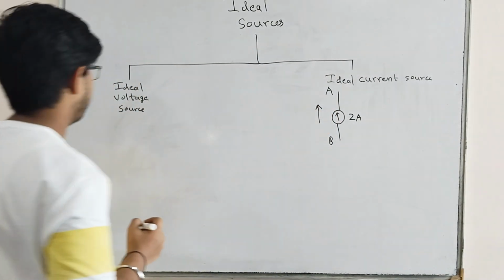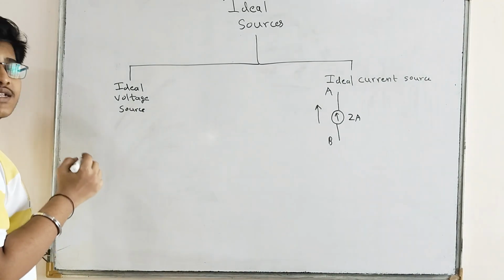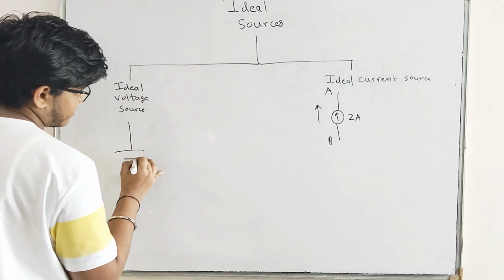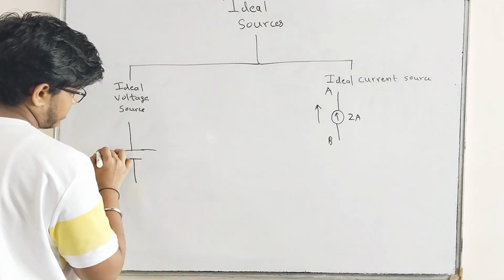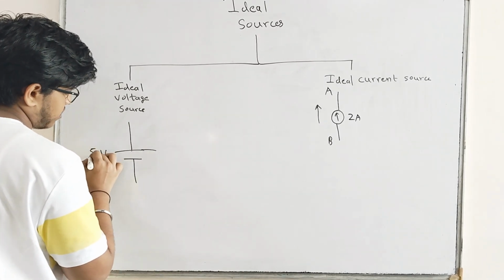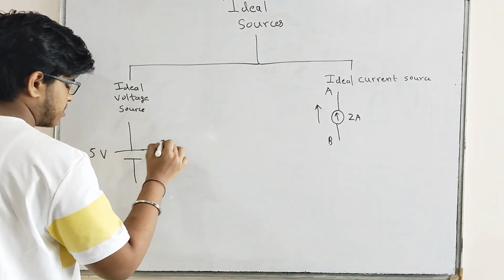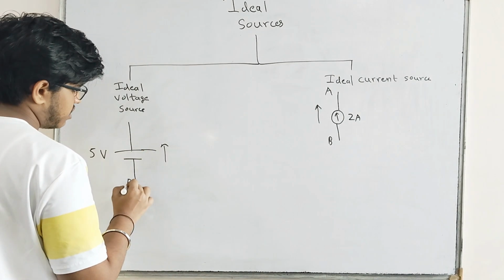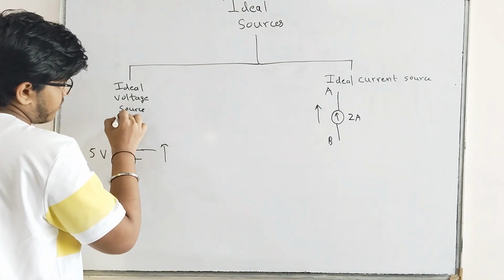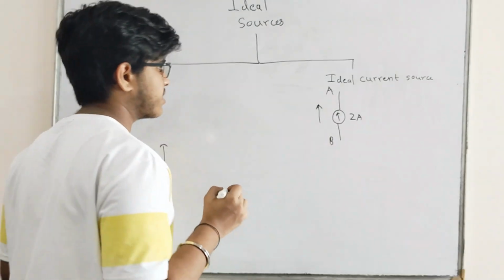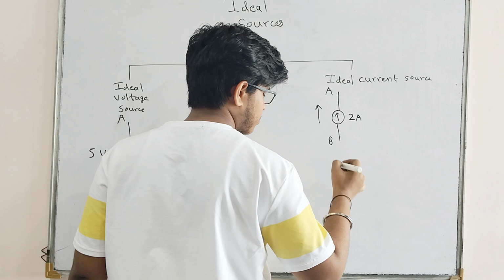Okay. Now let's talk about ideal voltage source. So this is denoted by a battery symbol, where this is considered 5 volts and direction is this, from B to A. Now there is a point which has to be noted in ideal current source.